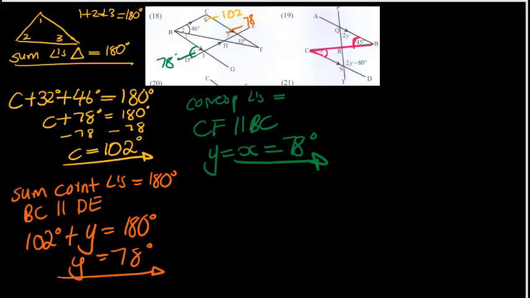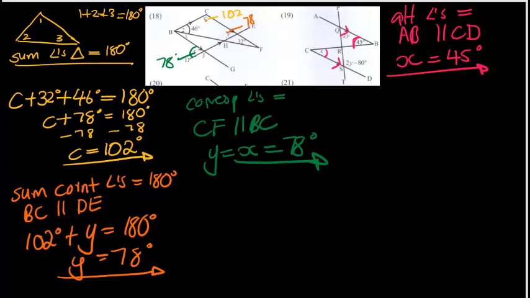And I can see that I have got an alternate angle relationship there. So what I need to do is confirm, do I have parallel lines? Yes, I do. Parallel lines, I can use alternate. Alternate angles are equal to one another. AB is parallel to CD. Therefore, X is equal to 45 degrees. I'm happy with that. Done.